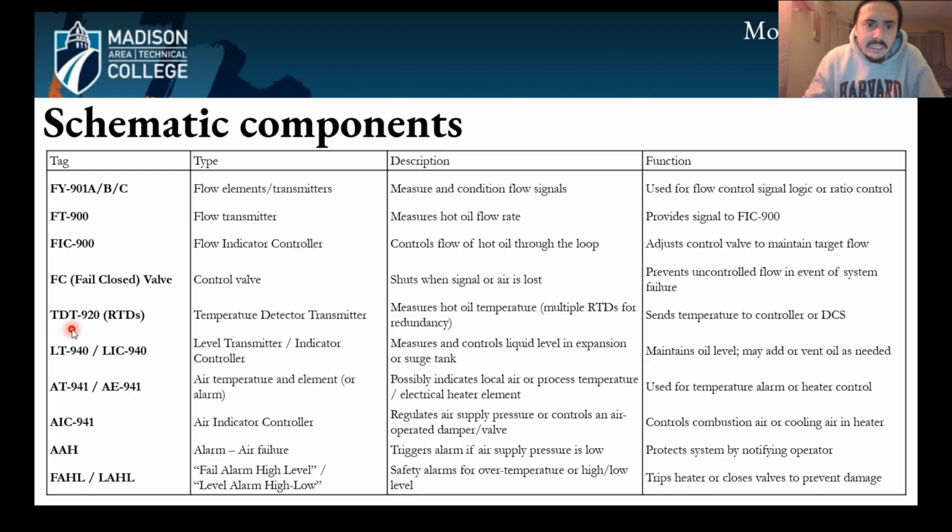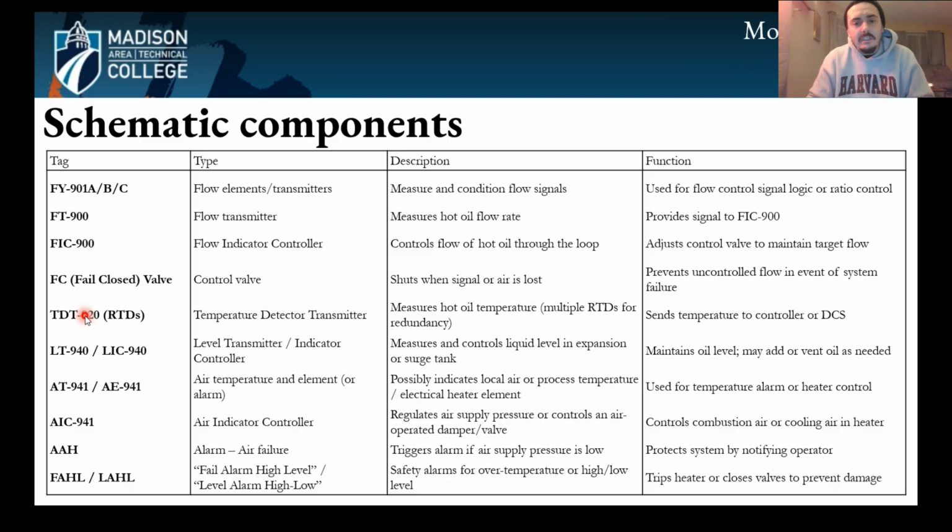The TDT is a temperature detector transmitter. It's hard to say, but this is an array of RTDs, which are resistance temperature devices. And basically it's a device where the electrical resistance changes depending on the temperature.